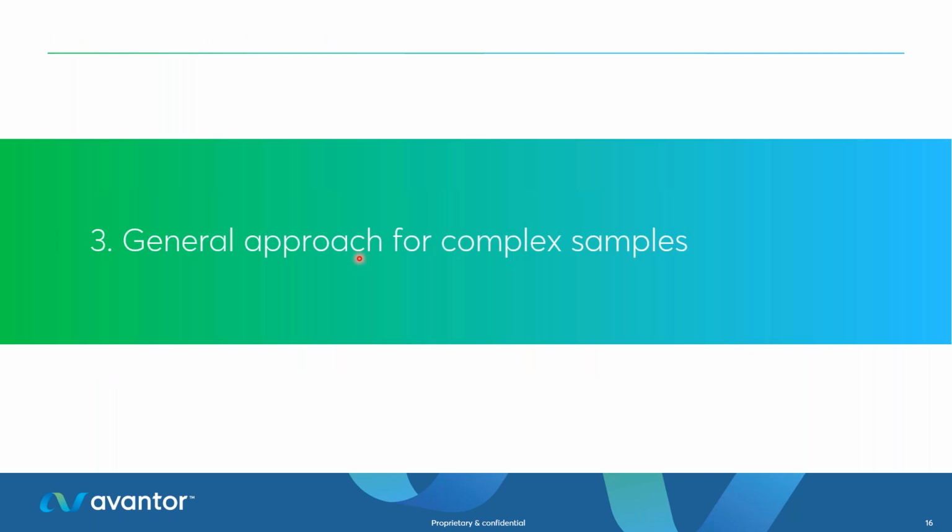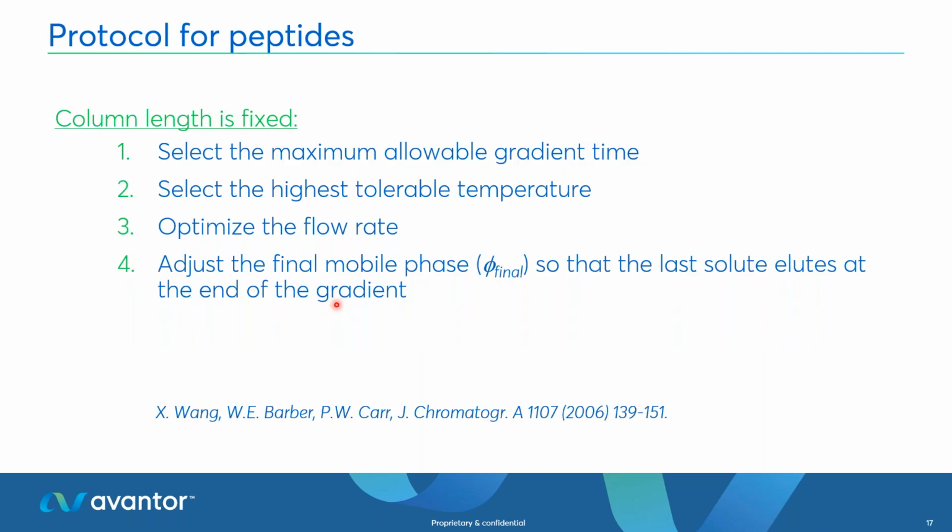So with that, I'd like to jump into the last section of the talk where I'll share two really good practical protocols or general approaches for maximizing the peak capacity for complex samples. So this first protocol was published back in 2006, and this comes out of the work from Xiaoli Wang and Professor Peter Carr.